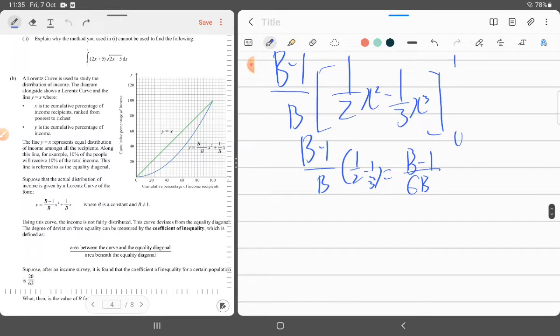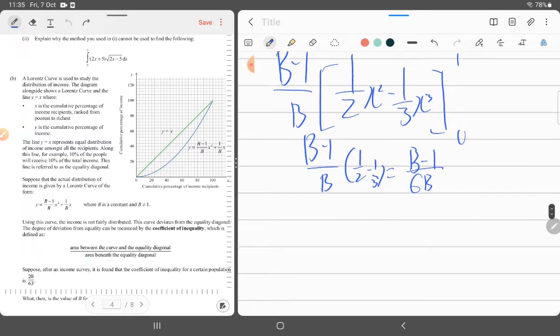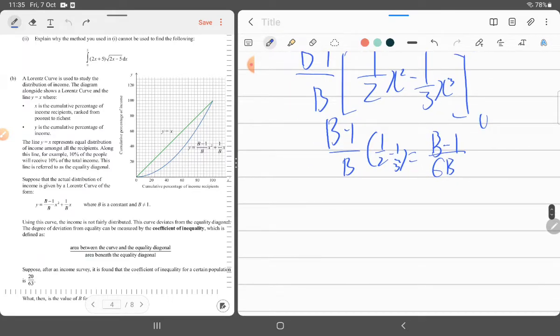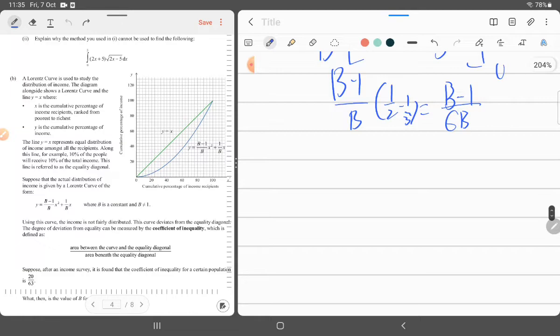This is the area between the curve and the diagonal. The area beneath the equality line is just a triangle with a base and a height of 1, so that's just half. So the area beneath the equality triangle is just half this.